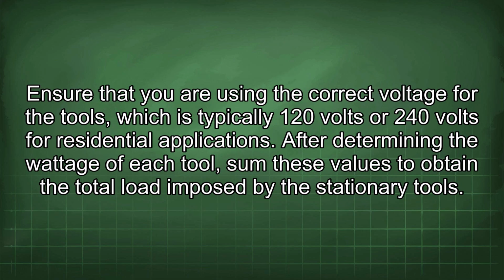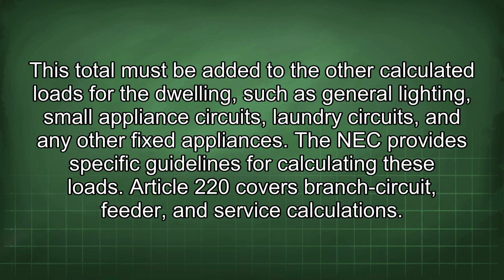Ensure that you are using the correct voltage for the tools, which is typically 120 volts or 240 volts for residential applications. After determining the wattage of each tool, sum these values to obtain the total load imposed by the stationary tools. This total must be added to the other calculated loads for the dwelling, such as general lighting, small appliance circuits, laundry circuits, and any other fixed appliances.